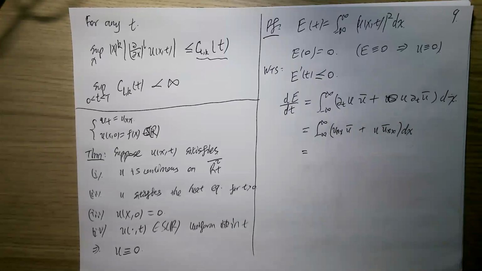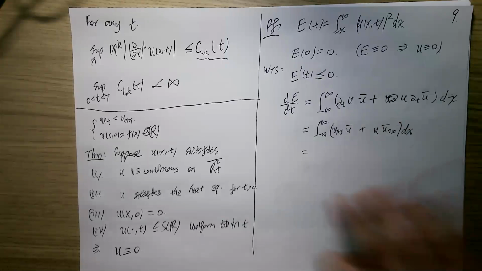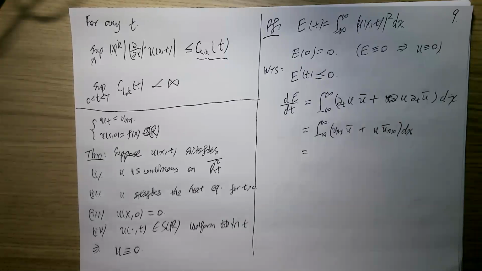Although it's from minus infinity to infinity, we can do the integration by parts because at infinity your u equals 0. So on the boundary, if you write it as a limit, this boundary term evaluated from minus n to n will tend to 0 because your u in x is in Schwarz space.